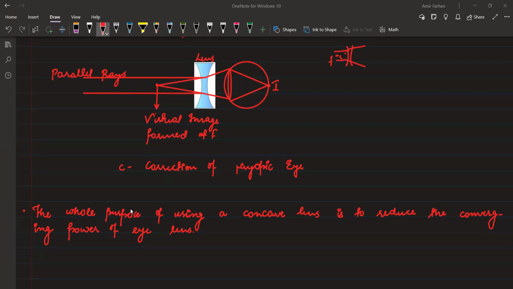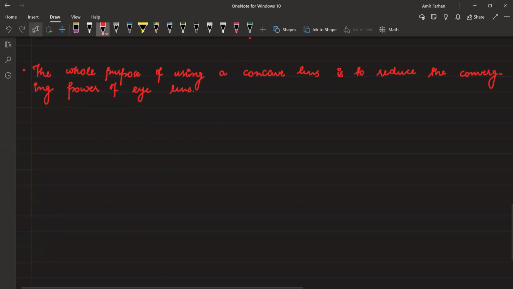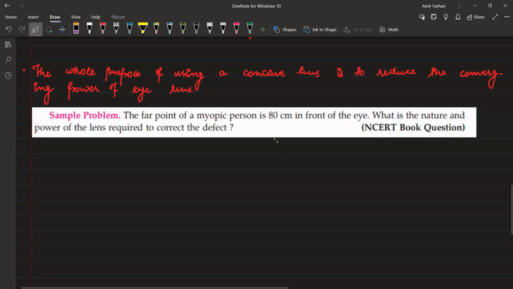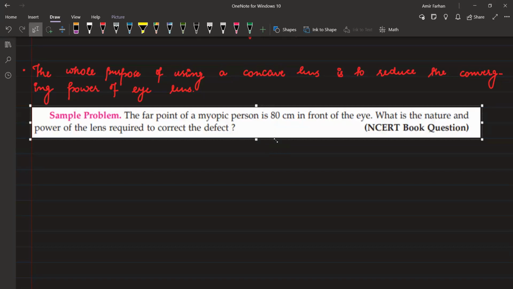Okay. Let's take one example. The question is saying the far point of a human eye is 80 centimeter in front of the eye.